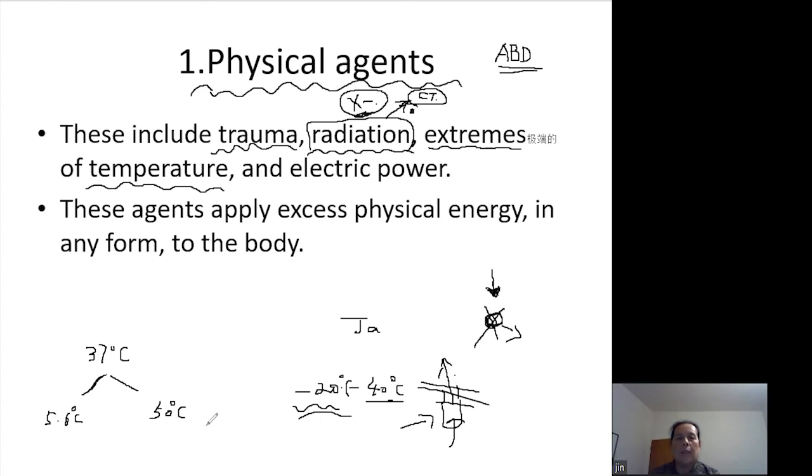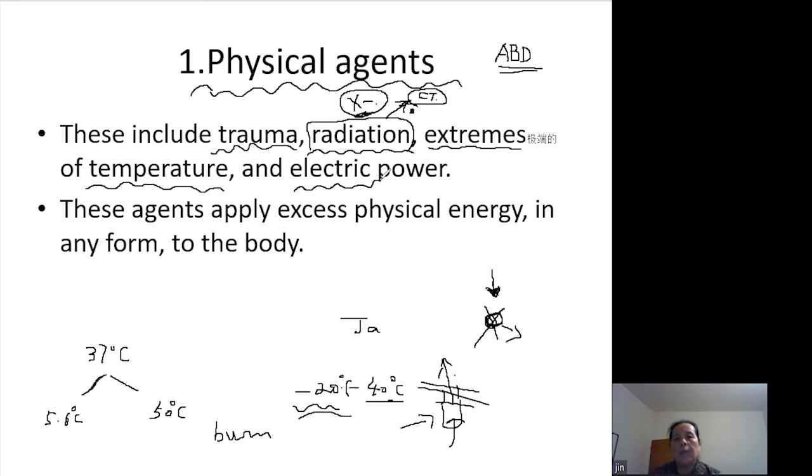By the high temperature, like some people burned by hot water or hot oil, immediately there is redness, pain, even some blisters show up. So that's the extreme temperature, which truly can make people sick. And electrical.